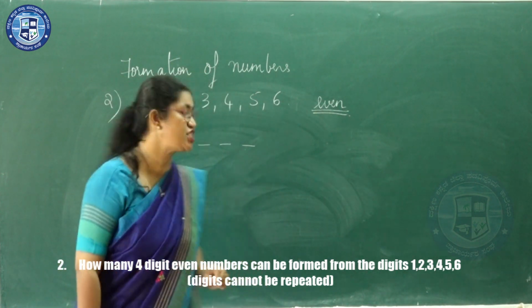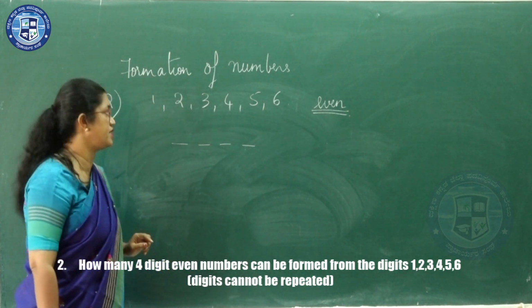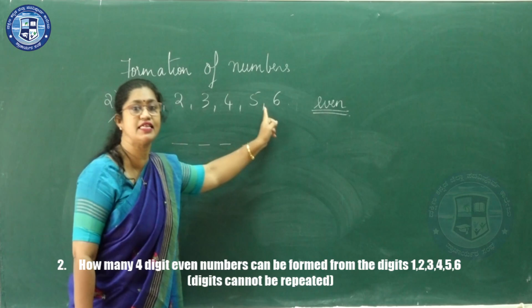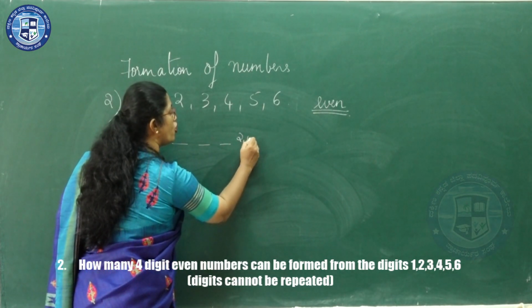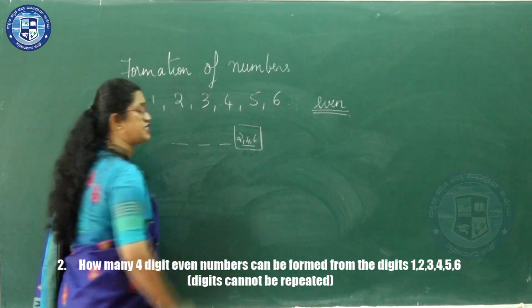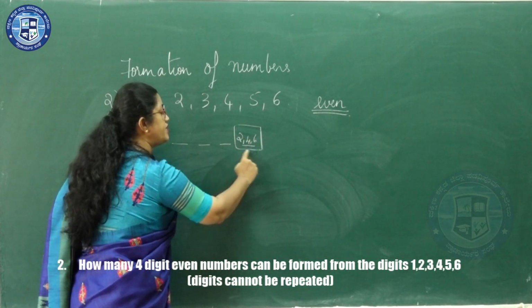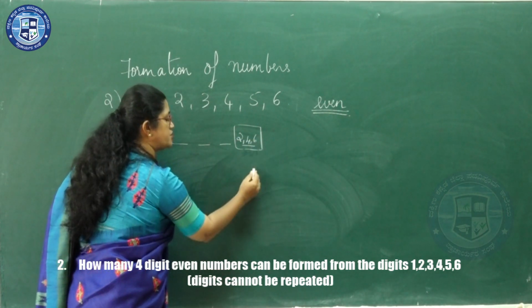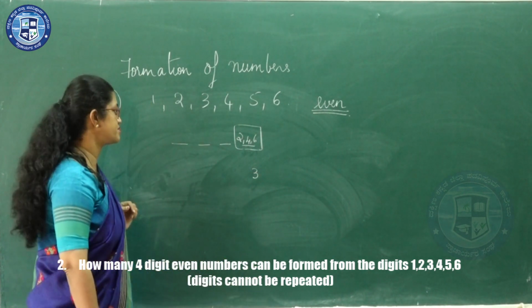What is that restriction? The last digit has to be an even number. How many even numbers are there in our list here? Either it can be 2, or 4, or 6. So this place had a restriction, so I'm filling this place first. I have 3 ways of filling the units place, so this can be filled in 3 ways.